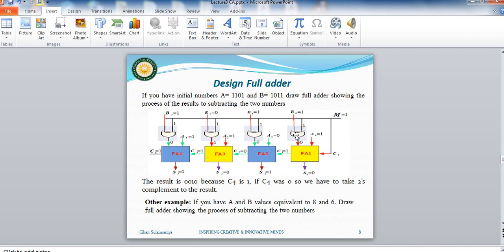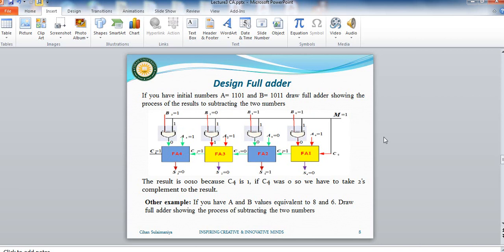Now for b, I want to add a plus minus b. So how to make minus b? B is 1, 1, 0 and 1.